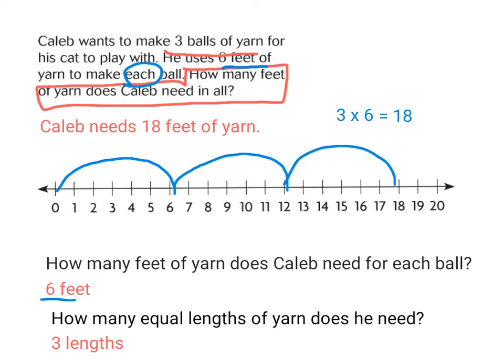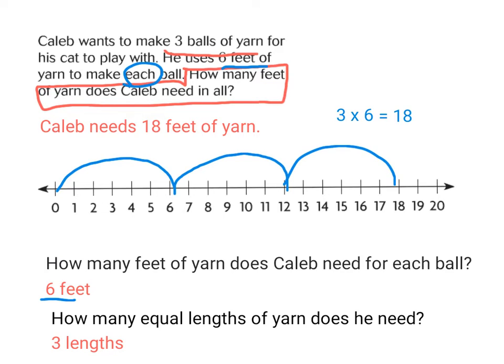So let's review what we did. From the word problem, what information in the problem tells the number of groups? It's the 3 balls of yarn. What information tells the number in each group? Well, it's the 6 feet of yarn to make each ball.